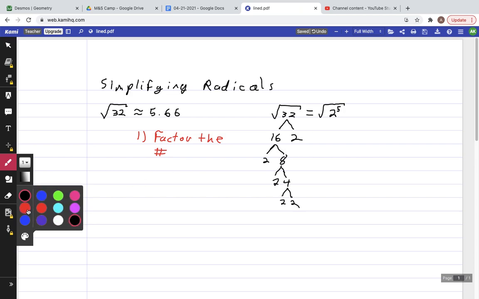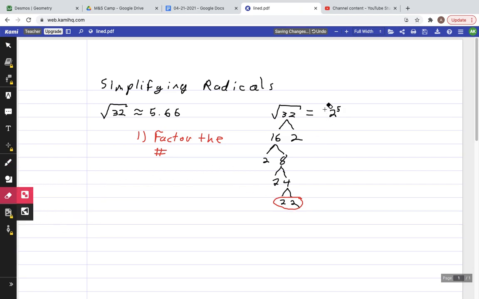But what does help us out is this. If we look here, I have a pair of 2's. And what that pair of 2's means is I can write 2 outside of the radical. So I look for another pair. There's another pair of 2's. I can write that 2 outside of the radical. And then that leaves me with 1, 2.